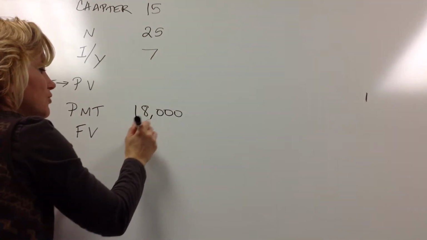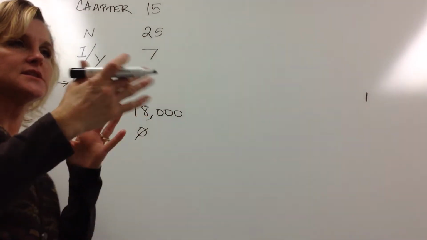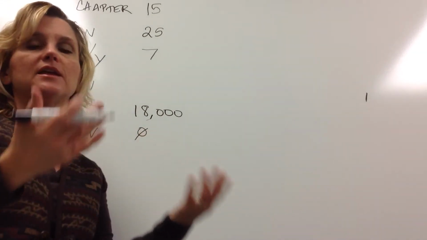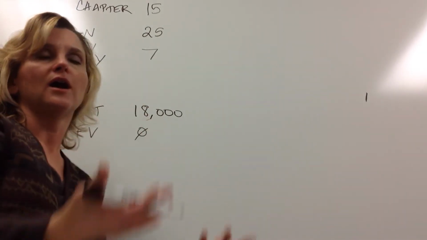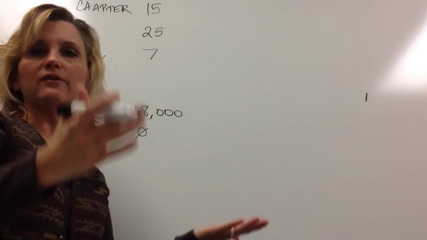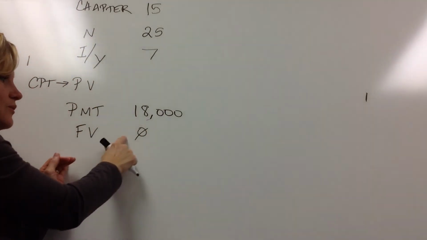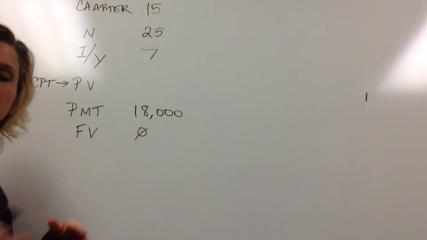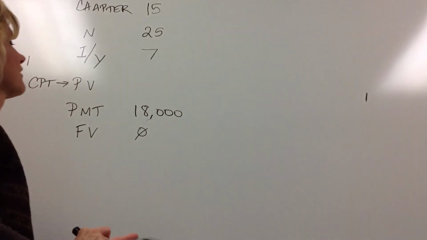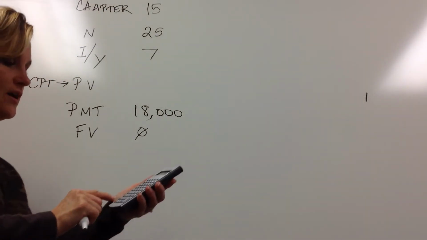And then there's no future value in here because this is funding his retirement. It doesn't say that he wants to have a certain amount when he dies. He can use every last penny of that. So when we're dealing with retirement and we're taking those payments and bringing them back to a present value, there is no future value.